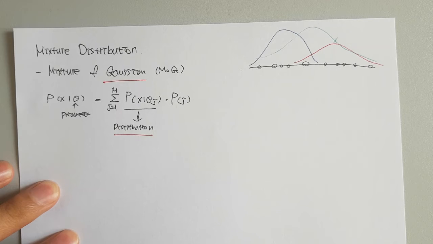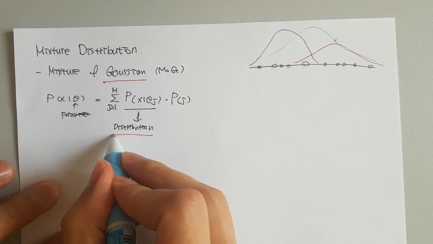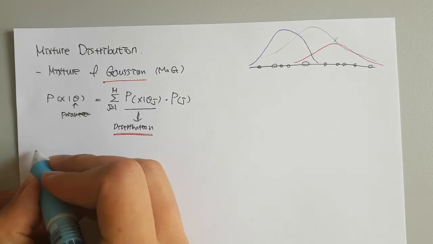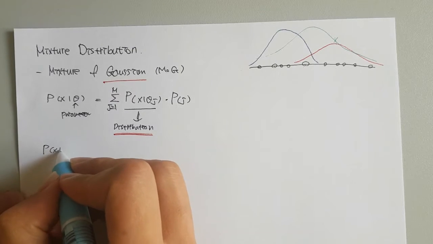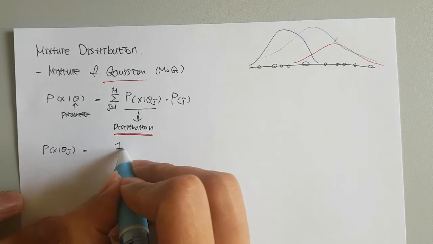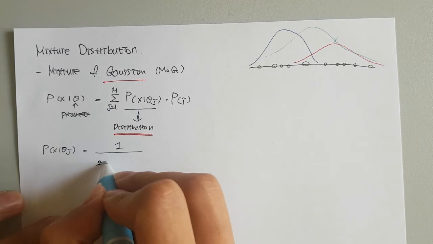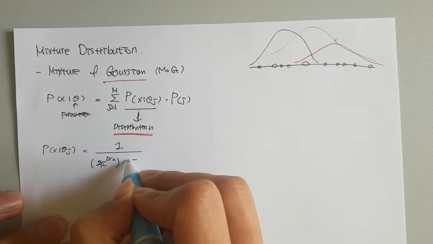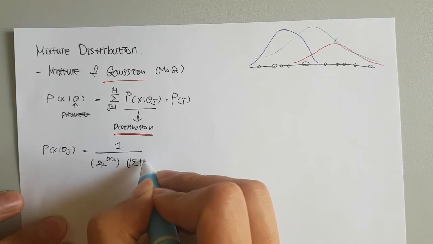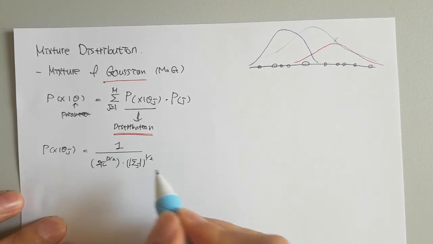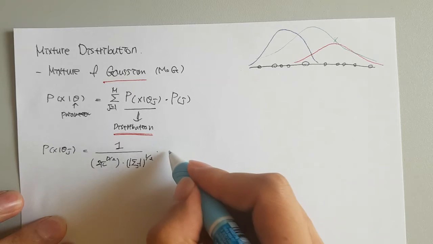As I said, we will assume this distribution is Gaussian, so we can write it down like this: x given parameter is equal to 1 over (2 pi) to the d over 2 multiplied by the determinant of the variance, and so on.